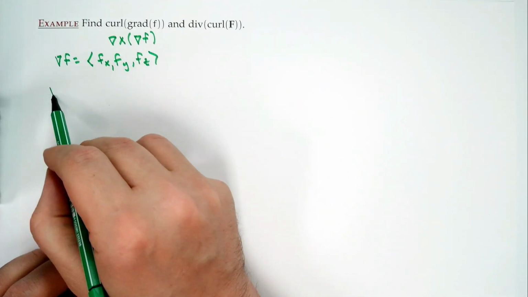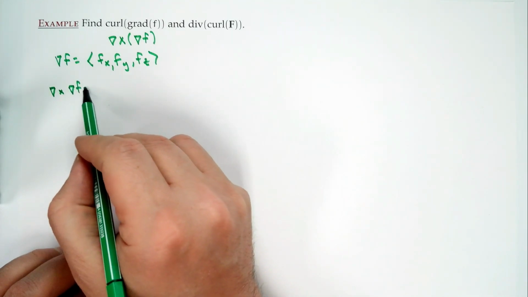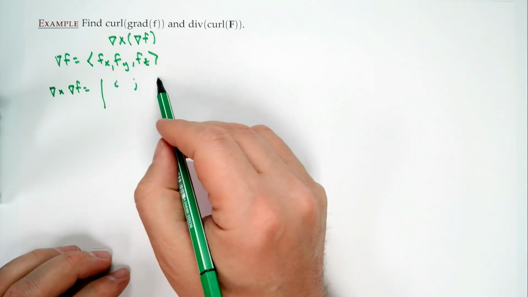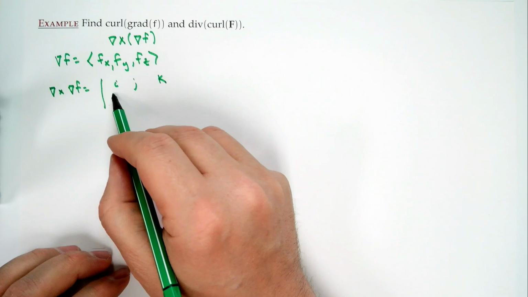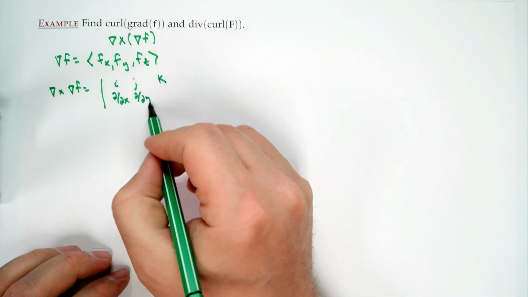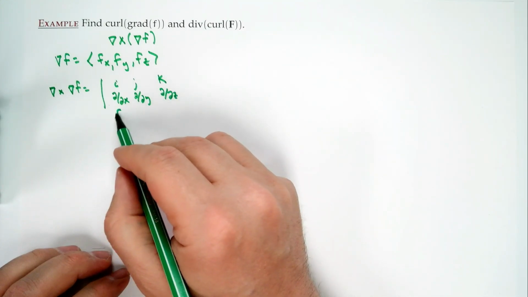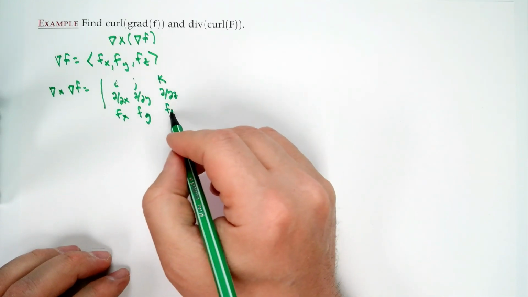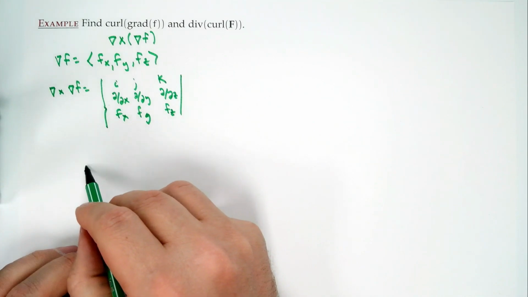Now when we do del cross the gradient, we're going to have i, j, k, and then our partial derivative operators, partial x, partial y, partial z, and then our gradient fx, fy, fz.